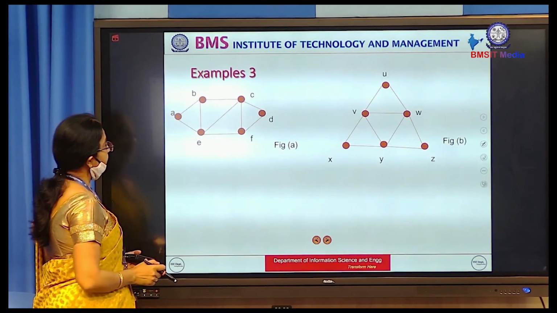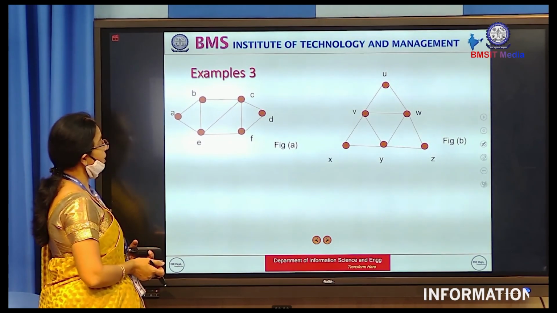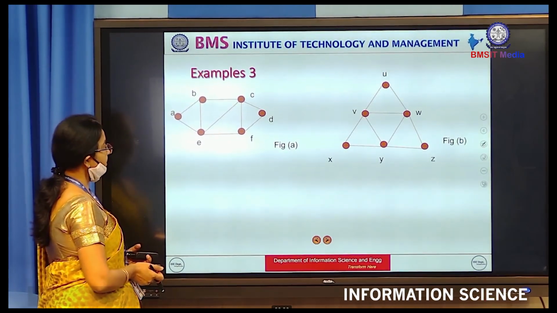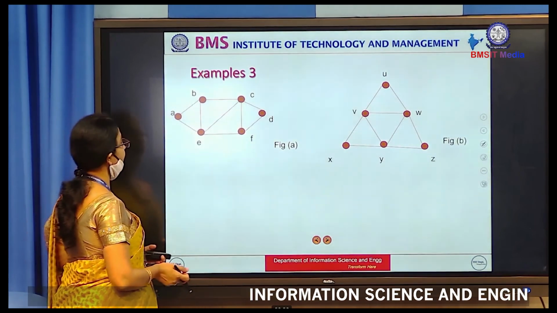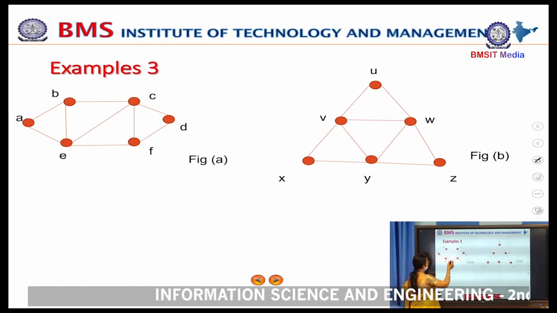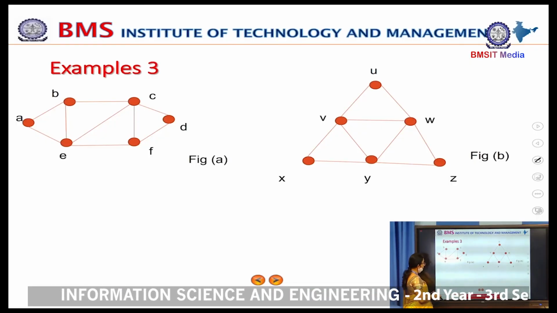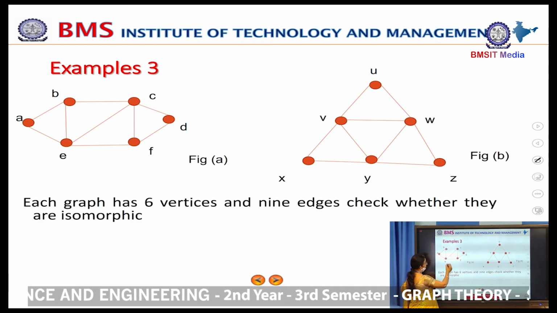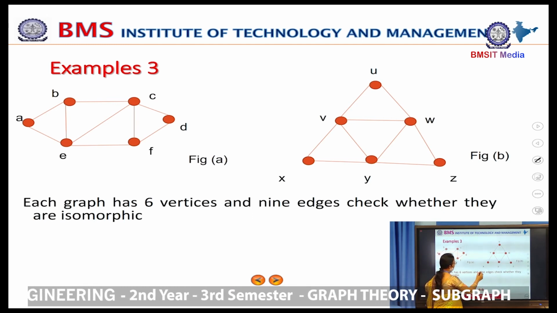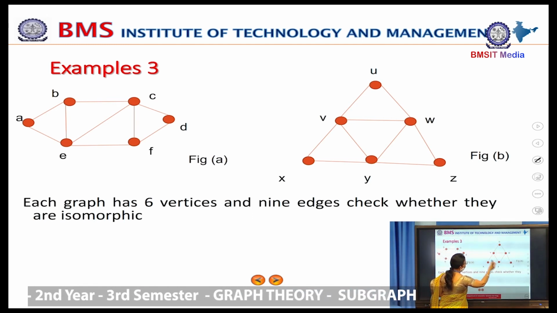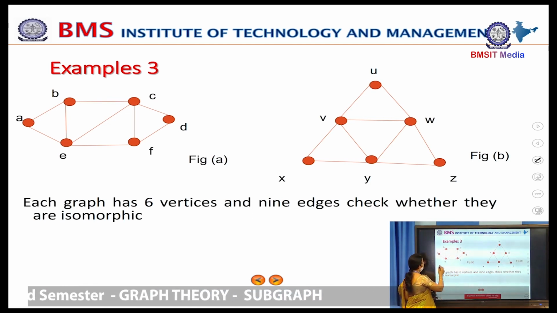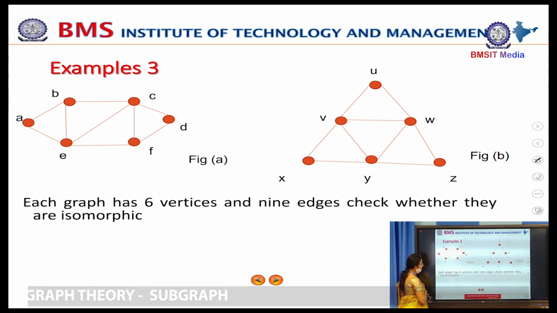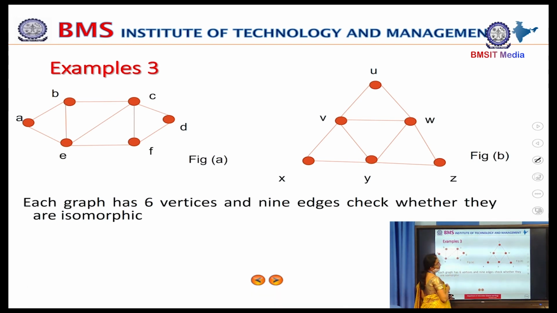Here let us check whether these two graphs are isomorphic. First thing we need to do is map the vertices. Each graph has 6 vertices. Graph A is having 6 vertices, and graph B is also having 6 vertices, and graph A is having 9 edges, and graph B is also having 9 edges.